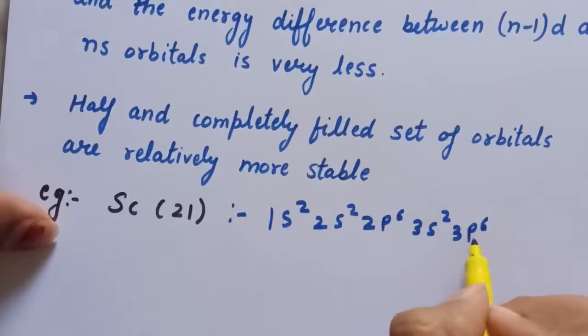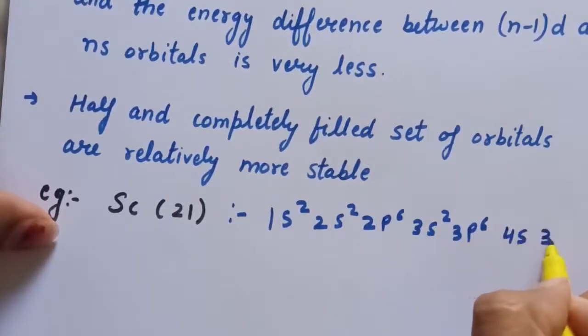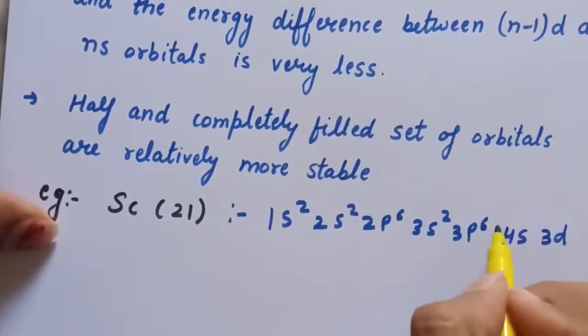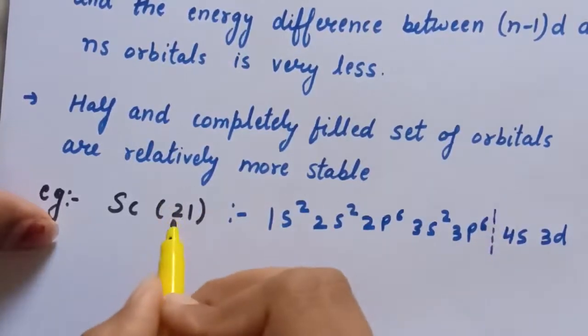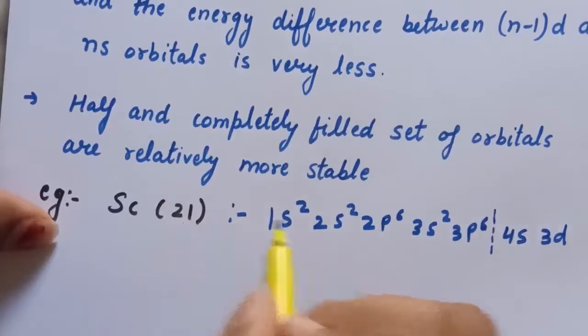So after filling of 18 electrons, now we have 4s and 3d. Now how to fill electrons in 4s and 3d? Up to this we have 18 electrons and the atomic number is 21. So we are left with 3 electrons.